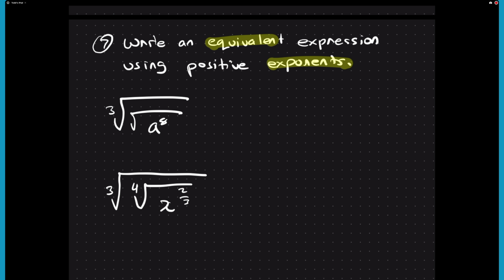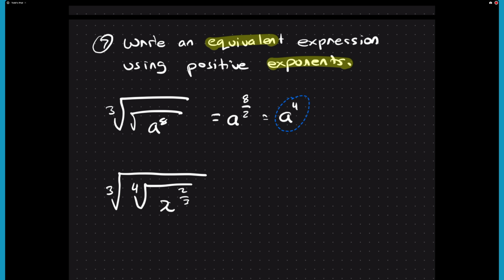So that is going to equal a raised to some power right here. Well, what power is that raised to? Well, the 2 goes on the bottom because that was the index, and the 8 goes up top. Now, we can see that 8 over 2 is the same thing as a raised to the power of 4.